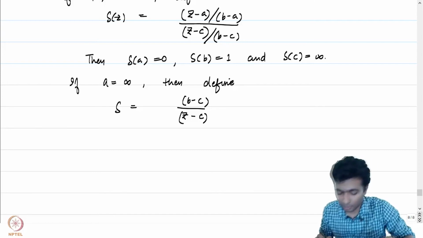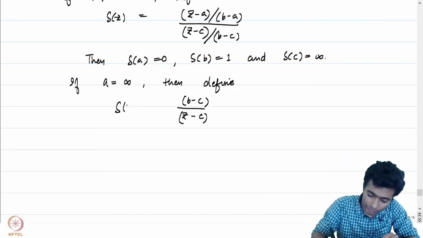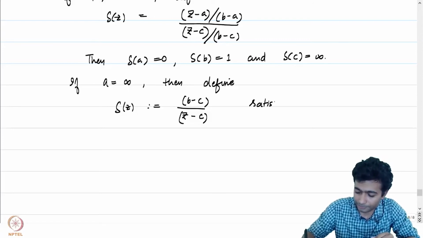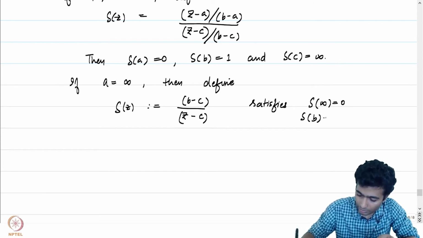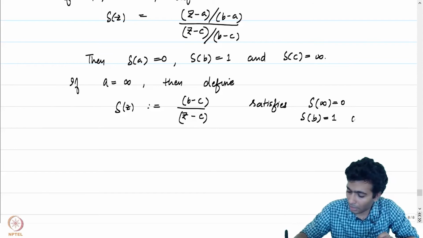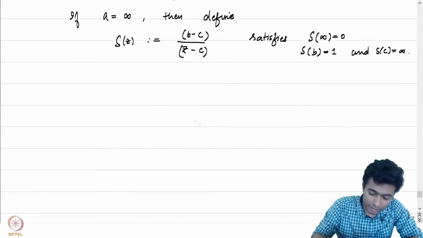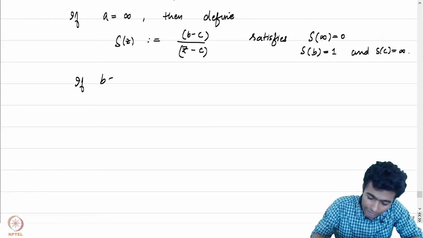So check that this particular Mobius transformation satisfies all our requirements. S of infinity is 0, S of B is equal to 1 and S of C is the point at infinity.